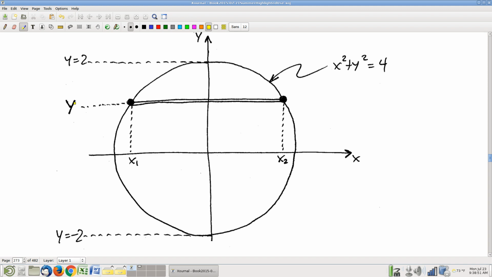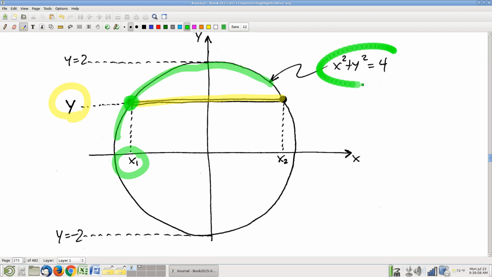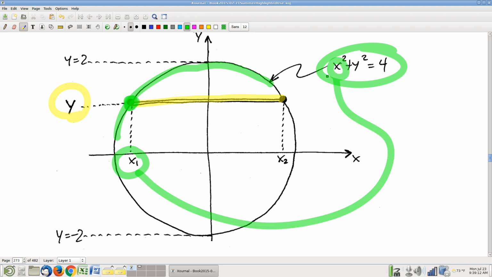Now, we're going to fix some value of y, and on that y slice, we then want to know what's the range of values of x. This is the same process we talked about last time. Well, the lower bound corresponds to that point. That point is on this curve. That curve has this equation. Now I want to know the value of x, so solve for x.